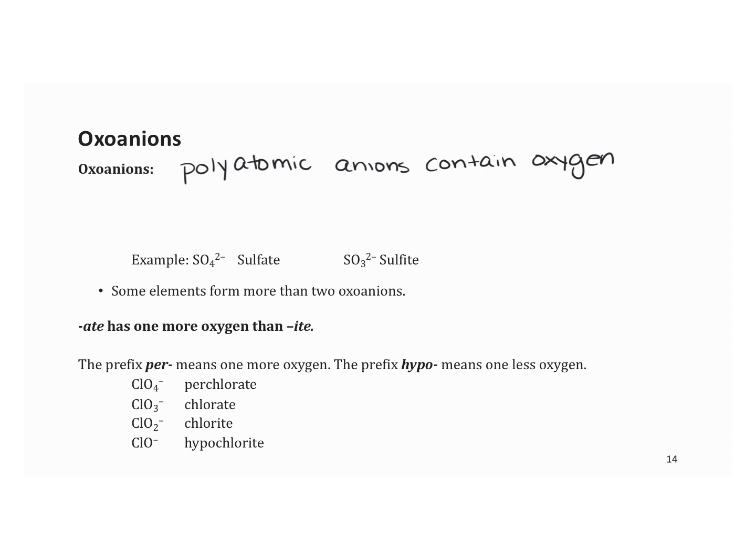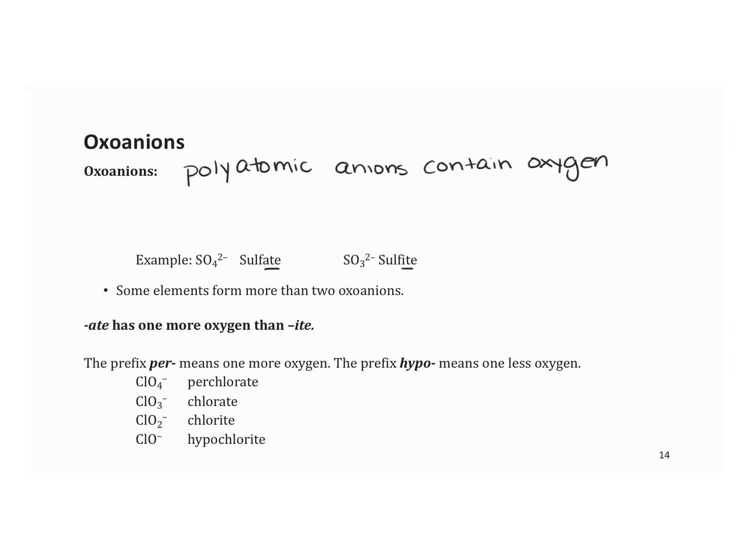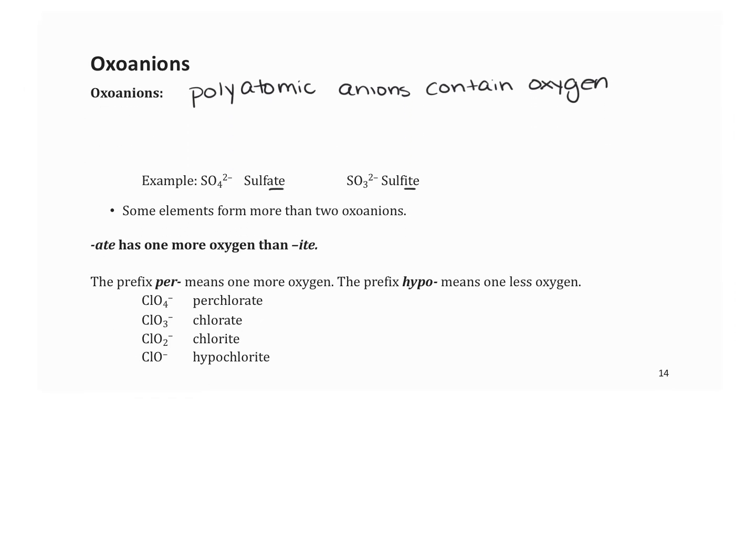Most of these, right, the difference here is ate and ite. And so if they're kind of related, it's really important to see that ate has one more oxygen than ite. Now, the other thing that you're going to see is the prefix per, and it means one more oxygen.